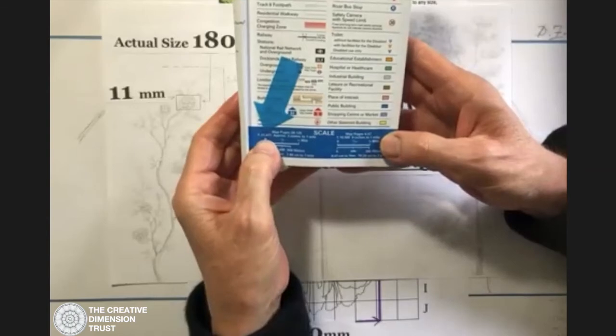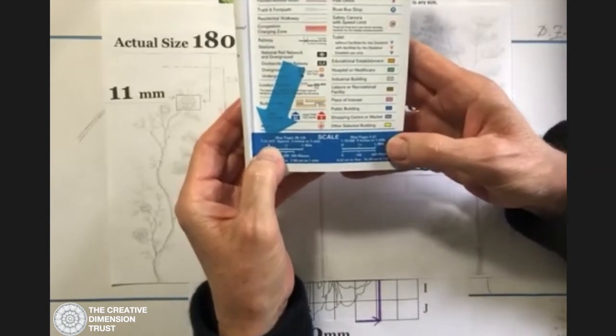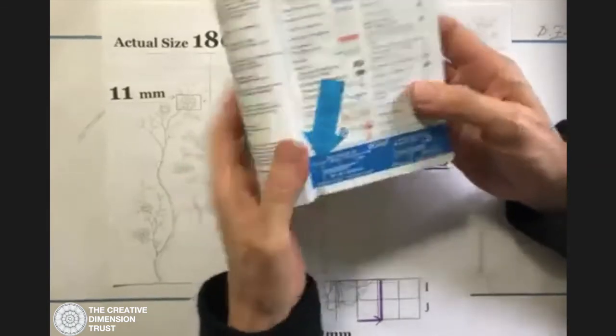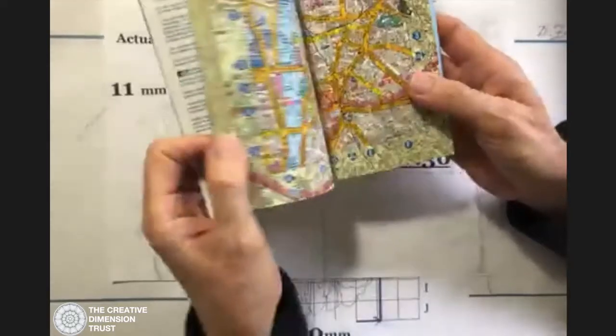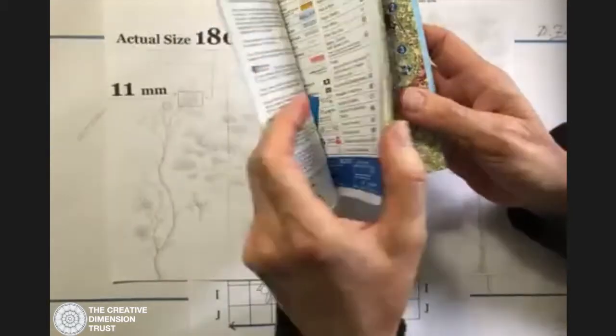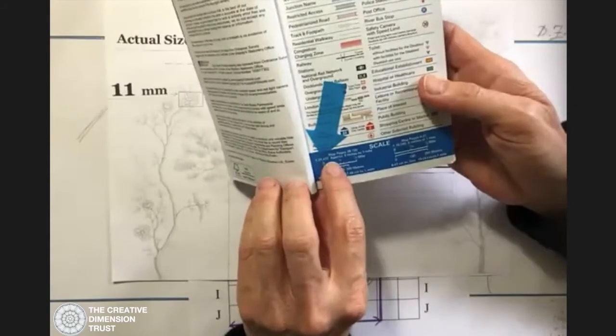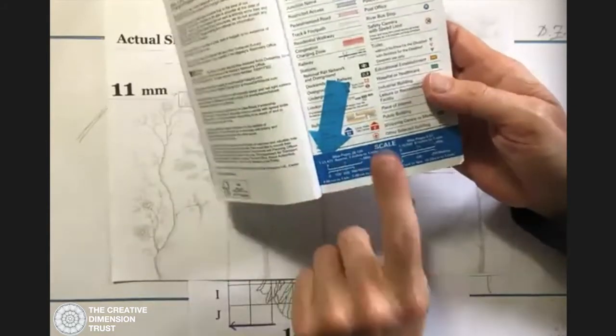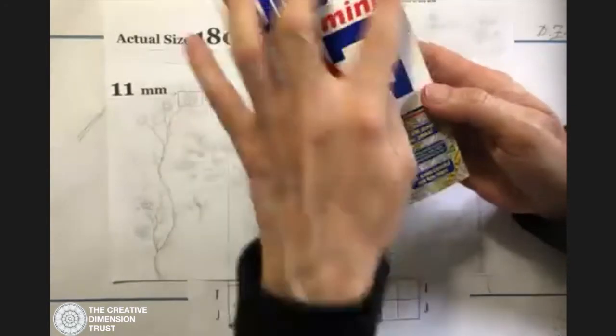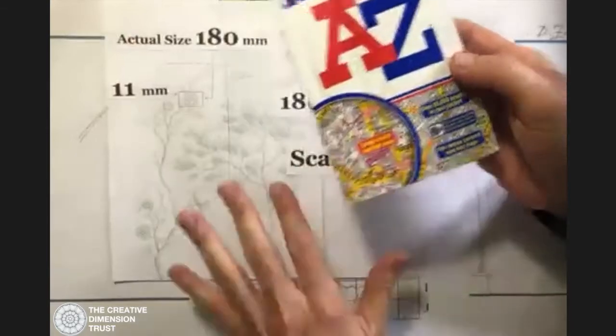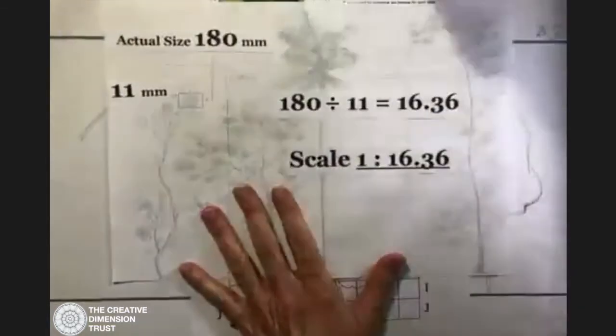It's 1 to 21,477. So each single unit in here, each centimetre, you multiply by 21,477. In this case, I think it's just because they wanted the book to be that size, a bit like we wanted our design to be that size.